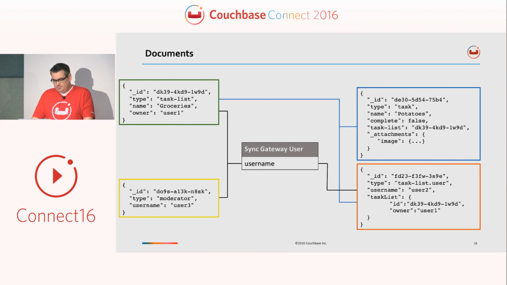We've got four types defined: task list, task list user, task, and moderator. So that's the bare building blocks of our application. From this, you could go ahead and build your disconnected application. You can work with Couchbase Lite strictly locally, and if you're building an offline application, you're done. It's just a matter of building out the UI around this data model.